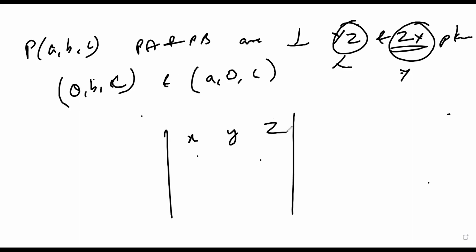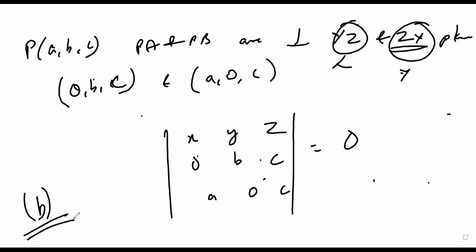The first row is 0, B, C, then A, 0, C. This has to equate to 0. If I equate these things, I'll get my answer for the question, and that will be my option B.